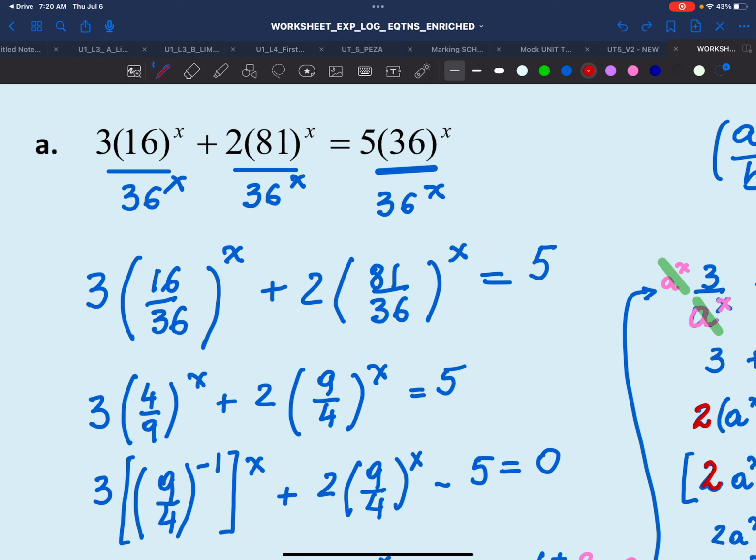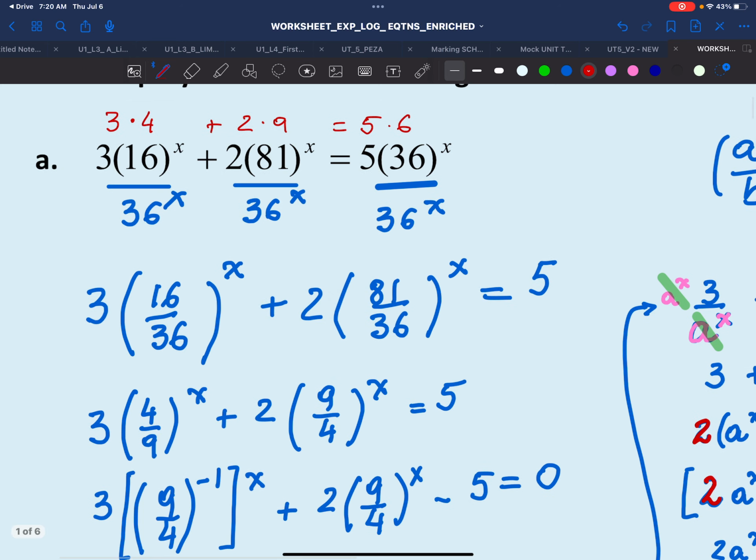So to simplify the calculations, I would say 3 times the square root of 16, that would be 4, plus 2 times the square root of 81, which is 9, must equal 5 times the square root of 36, which is 6. So 3 times 4 will be 12, and 2 times 9 is 18. So 12 plus 18 is equal to 30, and 5 times 6 equals 30. So 1 over 2 is one of the solutions.